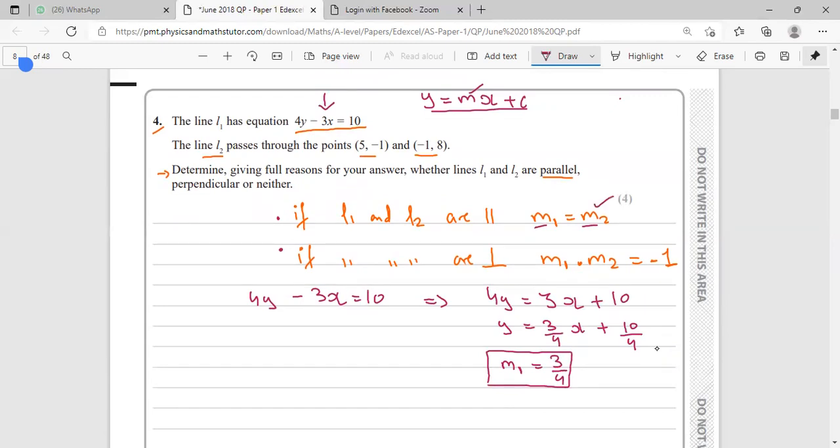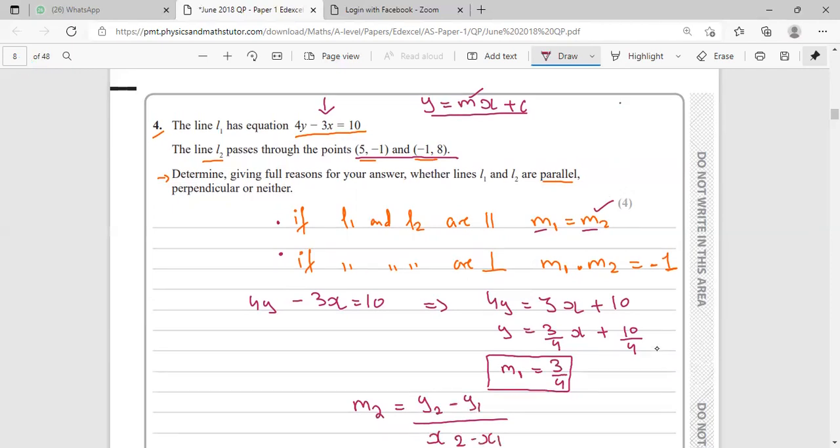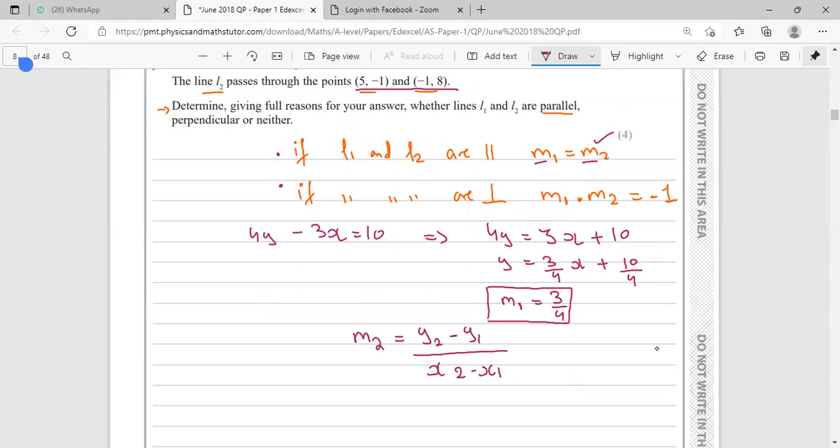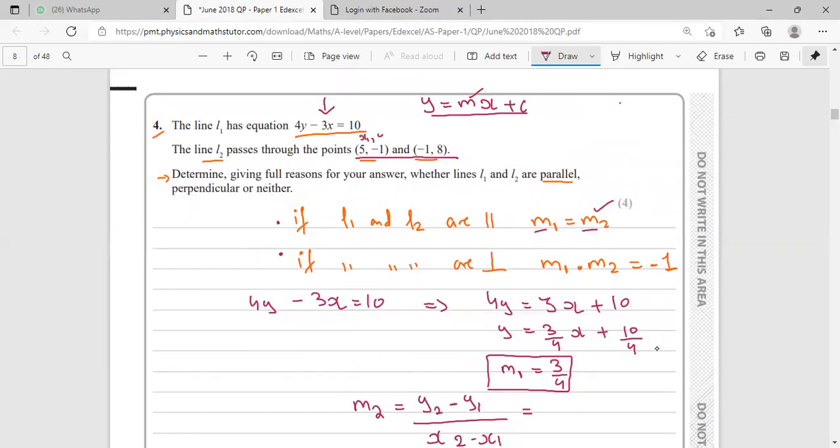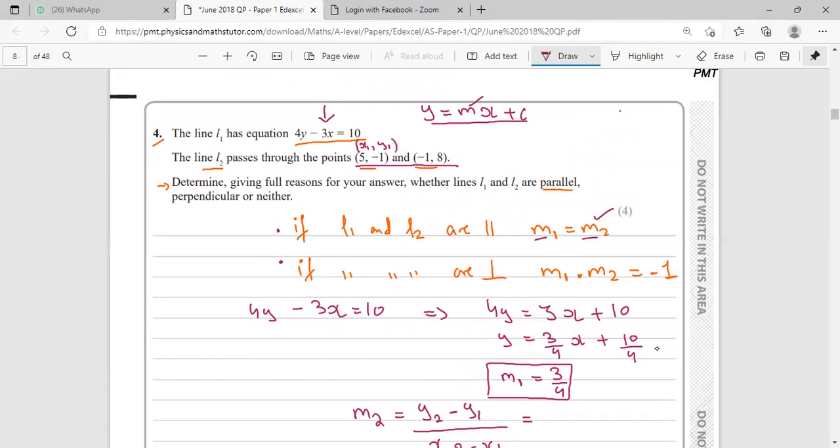Now we need to find M2. How do we find that? We have 2 points of the line L2. So we can use the formula M2 equals, for any gradient, for any slope, we can use this formula y2 minus y1, that is rise over run, x2 minus x1. Okay. So this is going to be, okay. Now let's say this is x1, this is y1. Let's say this is x2 and this is y2. So what is y2 minus y1?